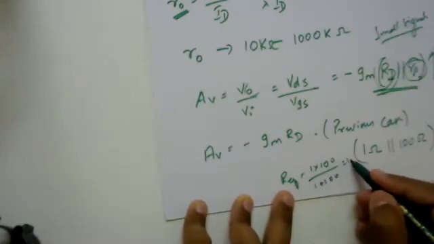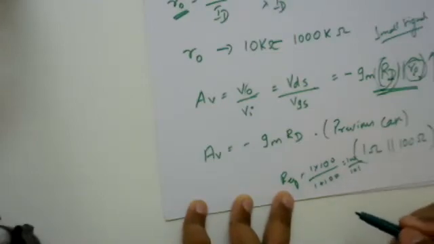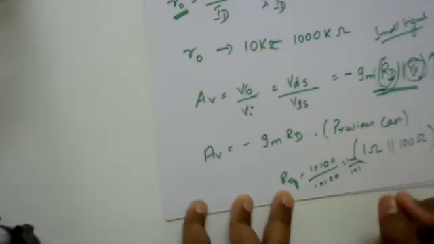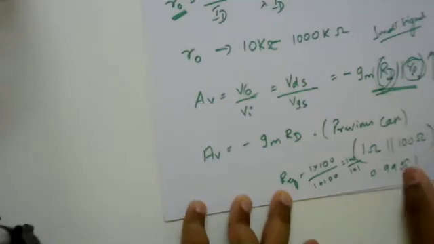So this turns out as 100 divided by 101. What is its answer? 0.99, which is approximately equal to 1.